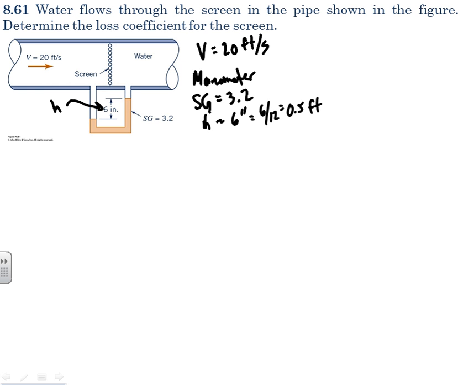We're told the fluid going through the pipe is water, and what we want to determine is the loss coefficient, K sub L. That's going to be the question.